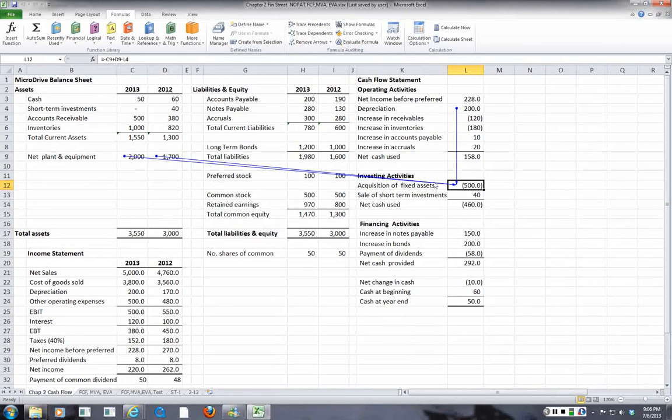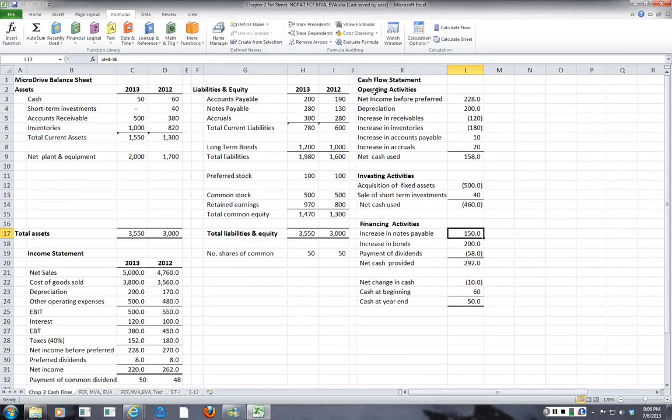That's only $300,000, but we have to add $200,000 of depreciation to get the real number, which is $500,000. Then the sale of short-term investments is the next one. You can see it here as 40, and then they sold it, so it's 0 now. So net cash used is $460,000. The next thing we have is financing activities.